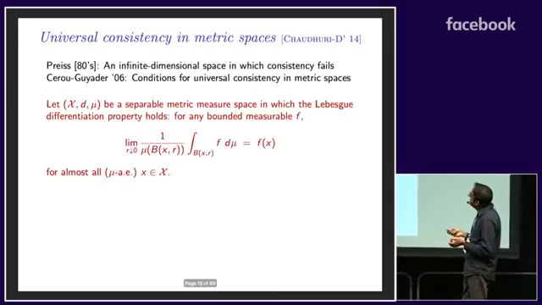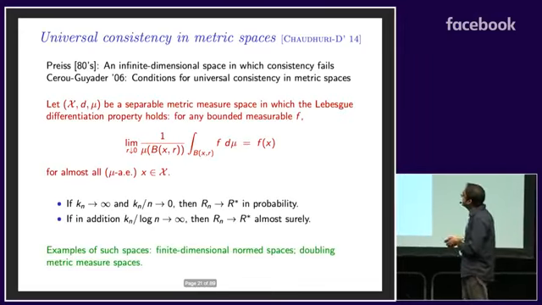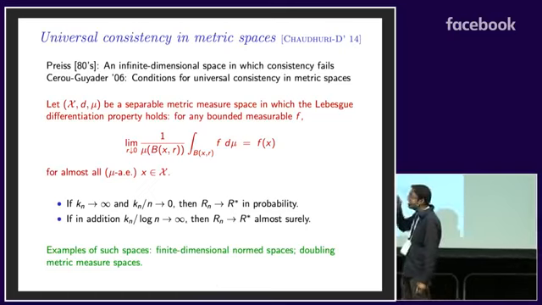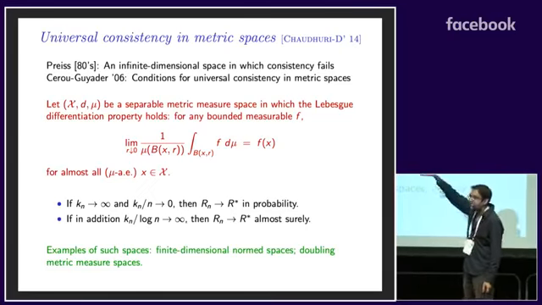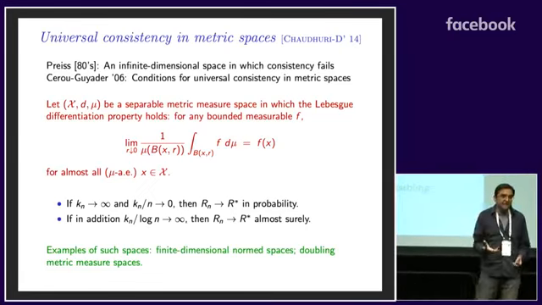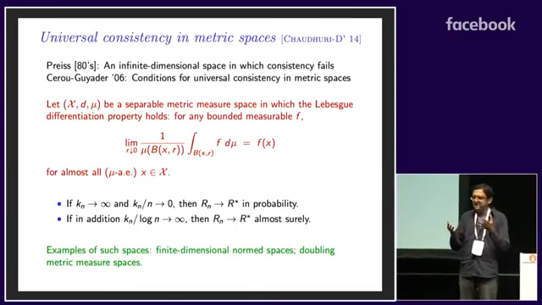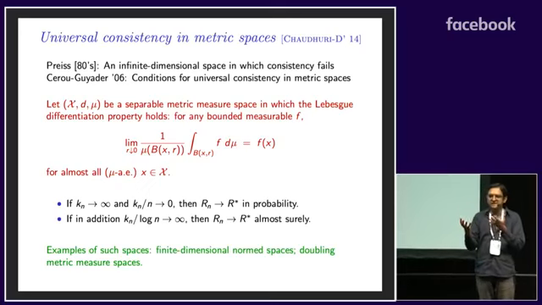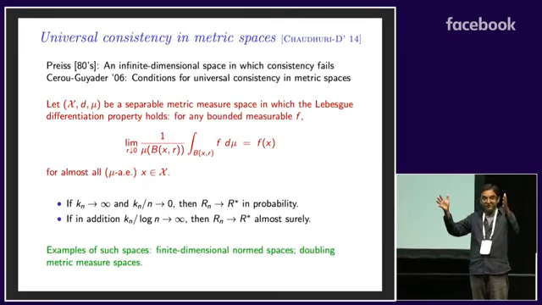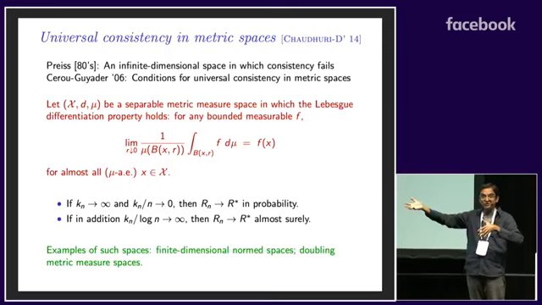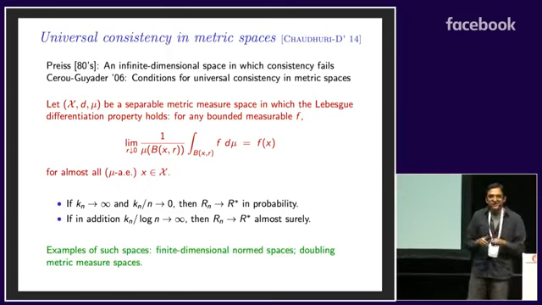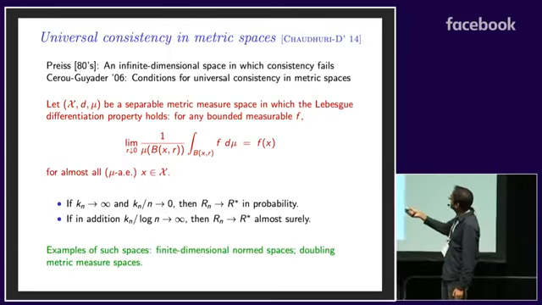Basically, the most general condition known so far is a metric space that satisfies essentially the fundamental theorem of calculus. The fundamental theorem of calculus is that differentiation is the inverse of integration. If you take a function and you integrate it, and then you take the derivative, you get the original function back. So you can write the metric space version of this. This is what it looks like.